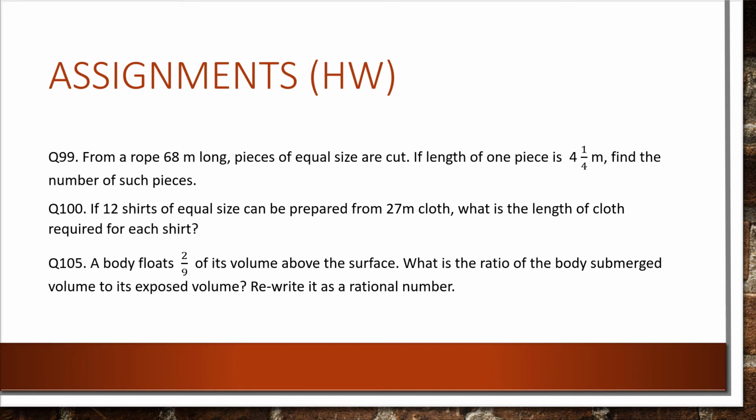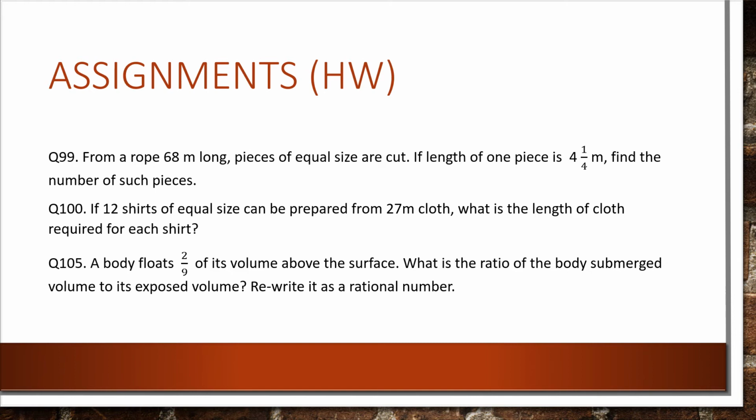Now we have a few assignments. It's question number 99. From a rope 68 meter long, pieces of equal size are cut. If the length of one piece is 4 1/4 meter, find the number of such pieces.